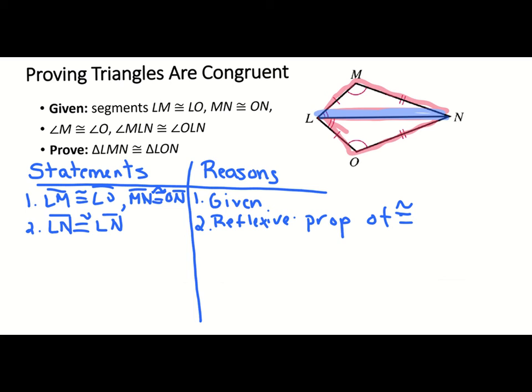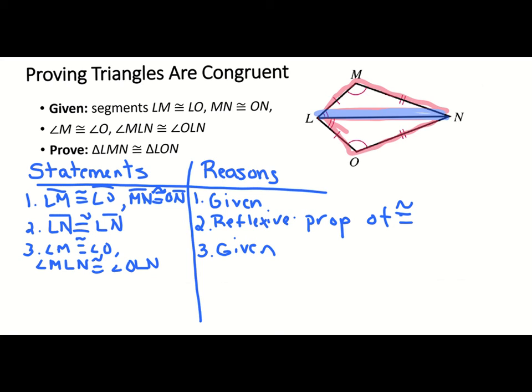So now I have all three sides congruent. I just need to do my angles. So my step 3 is going to be my other given, and I know that angle M is congruent to angle O, and angle MLN is congruent to angle OLN, because that is given.